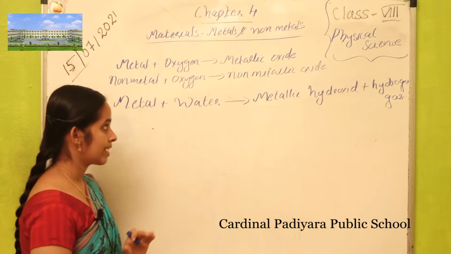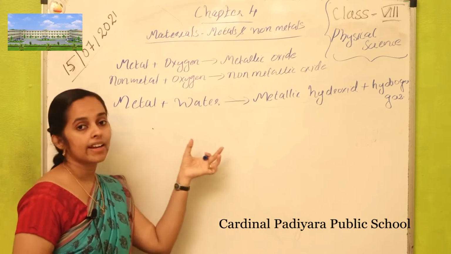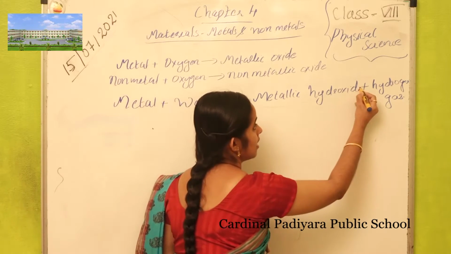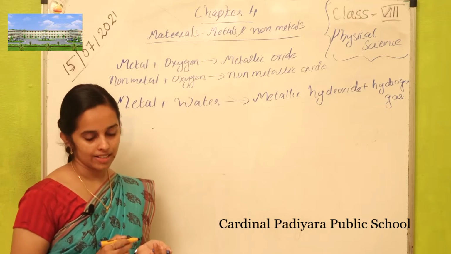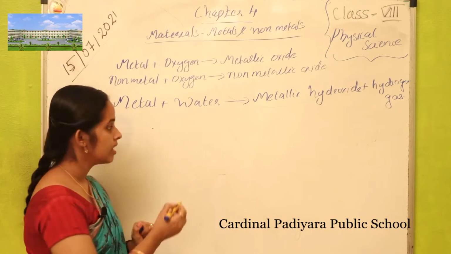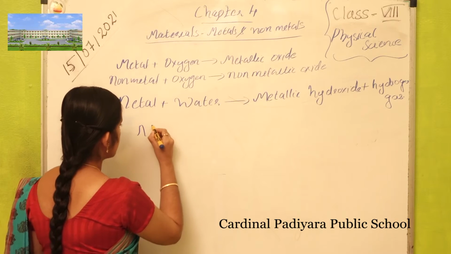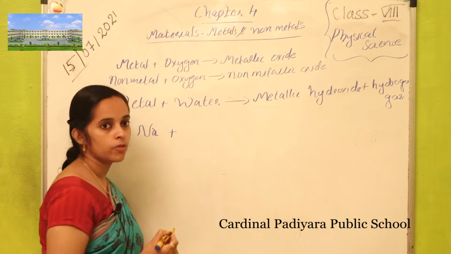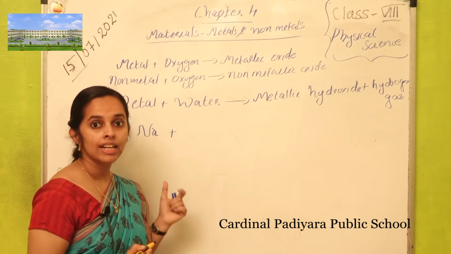So, we are going to the example, that is metal reacting with water to form metallic hydroxide and hydrogen gas. I am taking a metal, for example sodium. Sodium is a metal. So, sodium reacting with water. What is the formula of water? That is H2O.